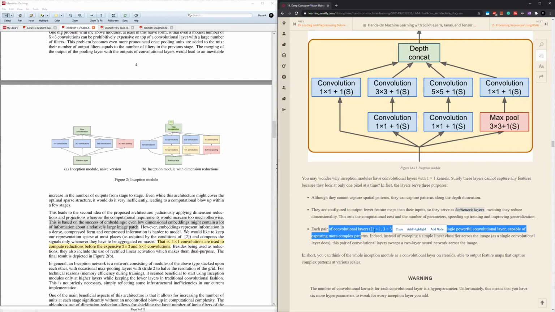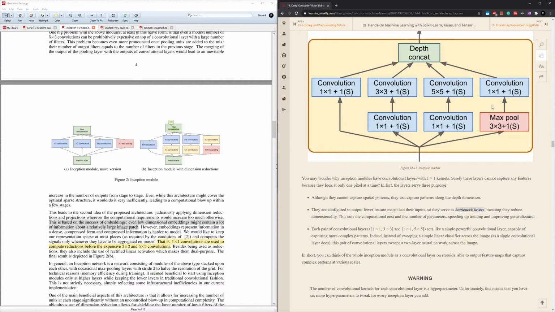Yep. Because these 1x1 and 3x3, the way that they have implemented here, these middle layers actually gather more features, as I can imagine, and this is for lowering the computation, and this on the right, the max pool followed by the convolution, is also used for the compute reductions.